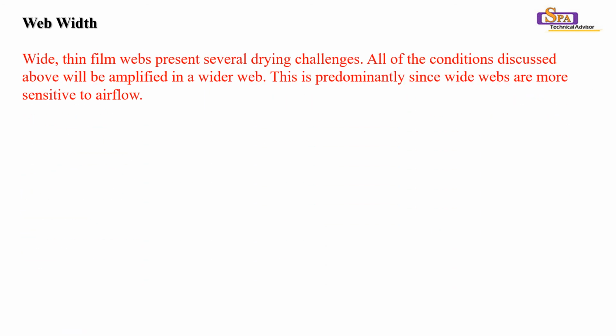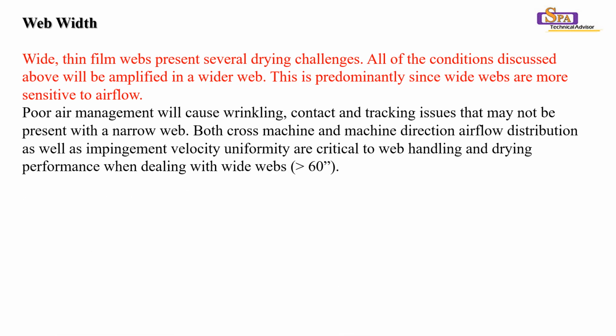Wide, thin film webs present a number of drying challenges. All the conditions discussed above will be amplified in a wider web. This is predominantly due to the fact that wide webs are more sensitive to air flow.